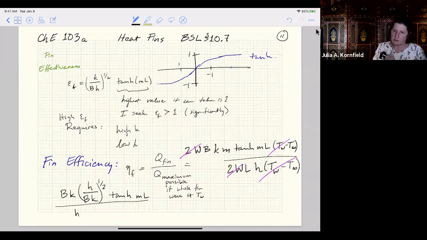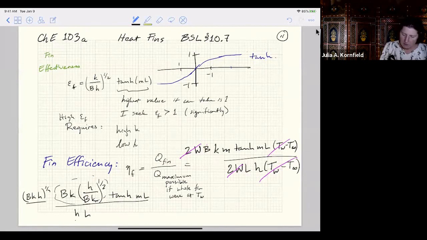Is that right? Yes. Good. Right. So in the numerator here, we had BKH to the 1/2. We have an H down here. So we're going to have BK over H to the 1/2, which is 1 over M.